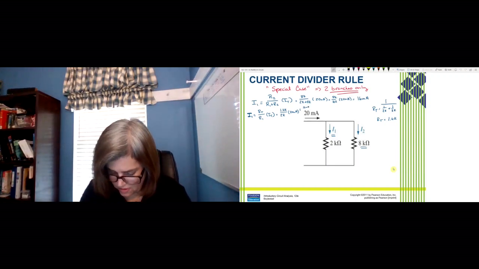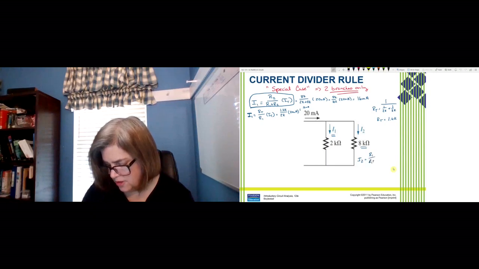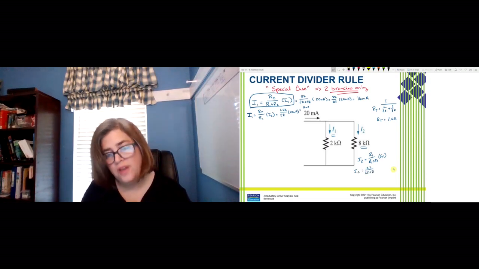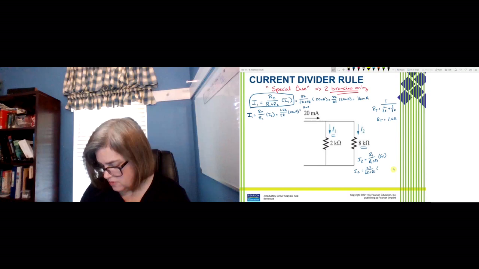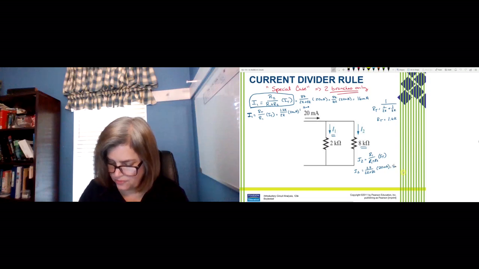So using our quick rule again, how would we find I2? Well, that would be R1 over R1 plus R2 times your total current coming in. So that means 2K out of 10, or 20% of that current, should be the current through I2.